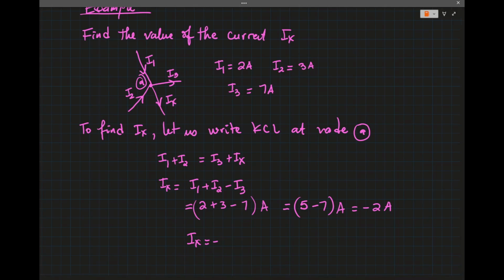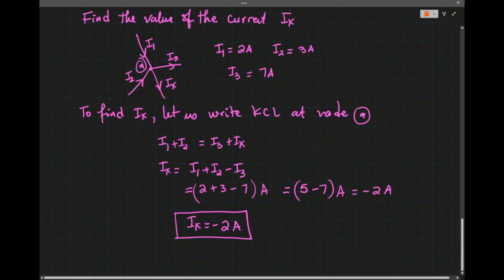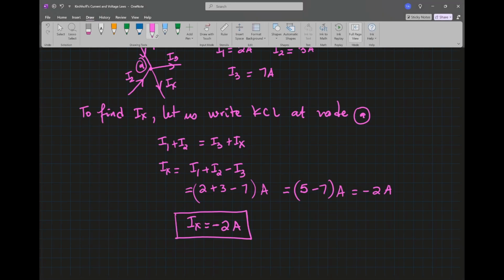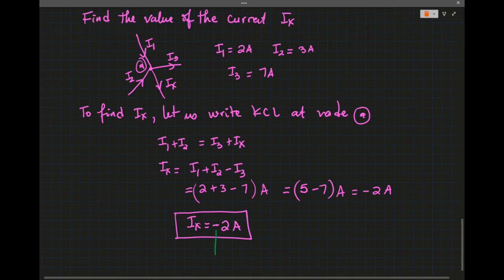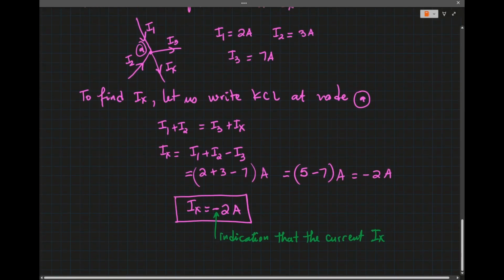Right, so Ix is negative 2 amps. Okay, so now what is the significance of the minus sign in here? The minus is an indication that the current Ix is flowing into that node instead.